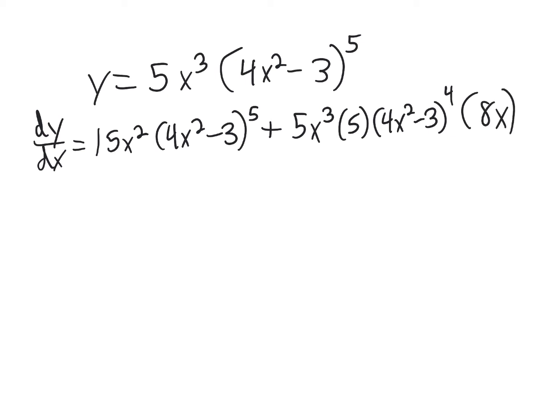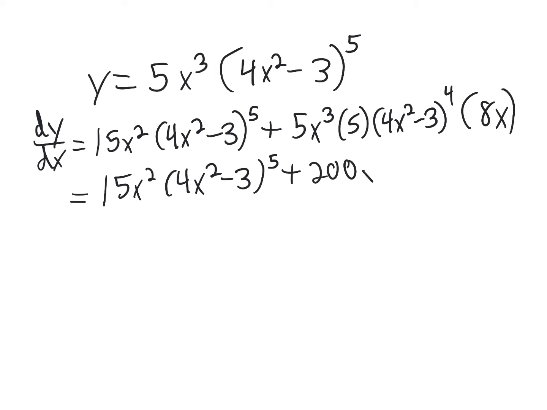Don't forget to take the derivative of the inside, and then we can simplify. First one is fine as is. Second one, we need to simplify the 5x cubed times 5 times 8x. That gives me 200x to the fourth.